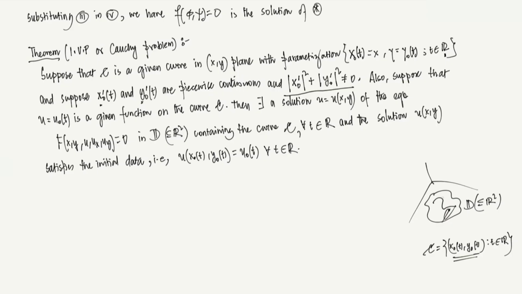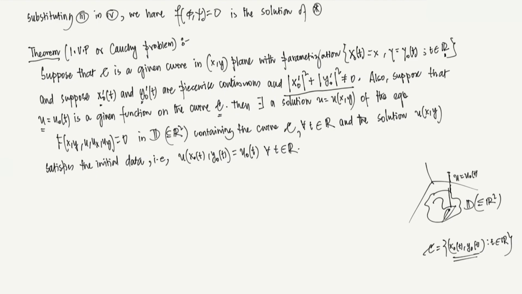So essentially, you also suppose that there is a given u on the curve C, which is u naught of t.